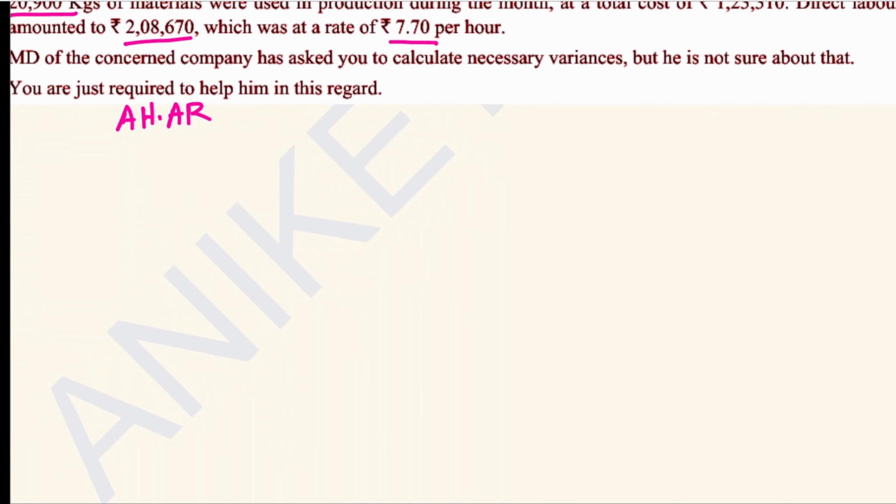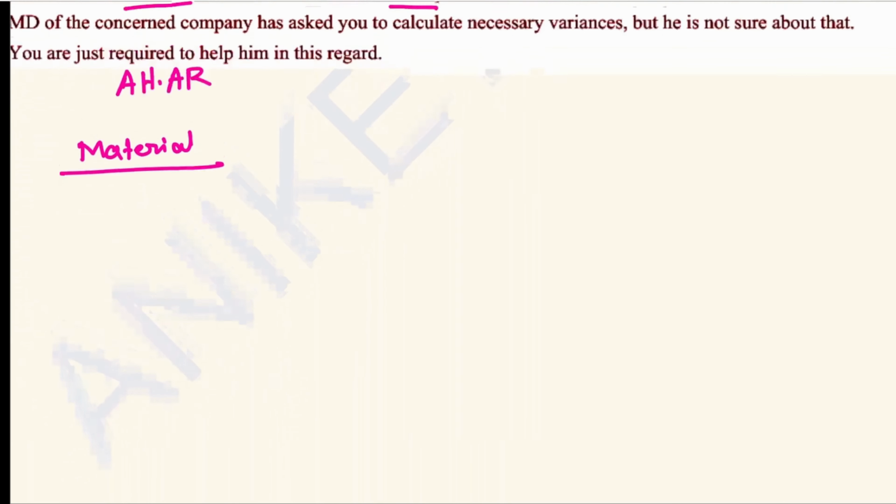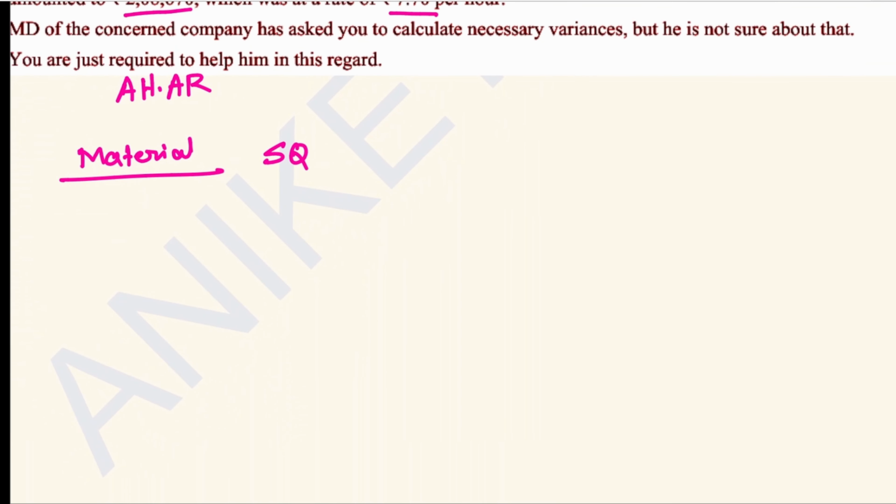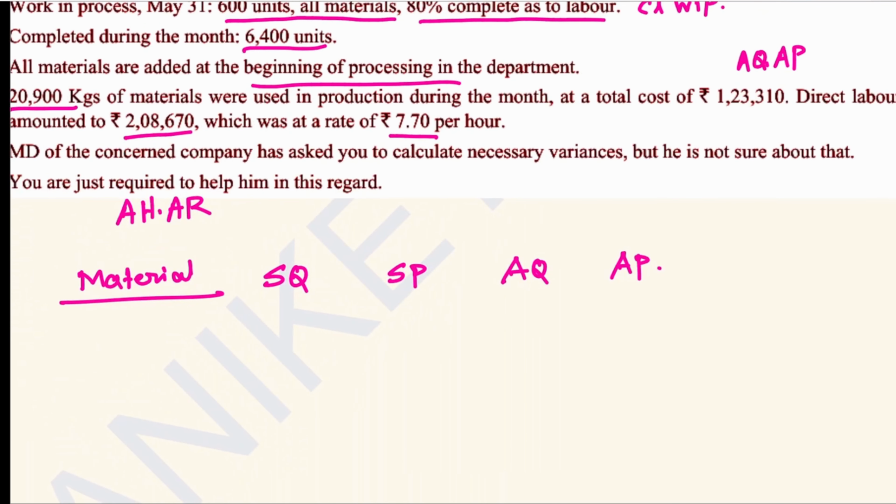So first starting material variances, write your data. Your data table: SQ, SP, AQ, AP. So AQ is given, 20,900. So directly you can write it, 20,900.